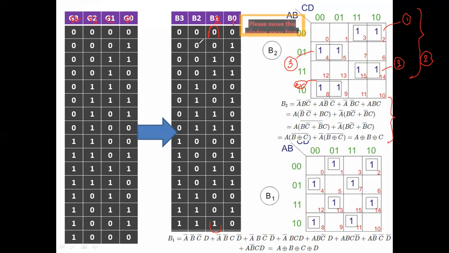We know that in a 4 variable Karnaugh map, grouping 2 ones means a 3 variable result. Then making the adjustment in the Boolean expressions, finally you obtain the equation A XOR B XOR C.